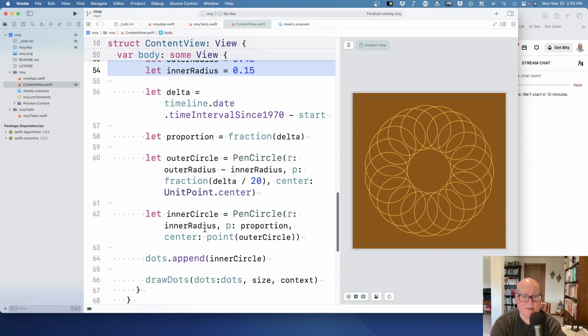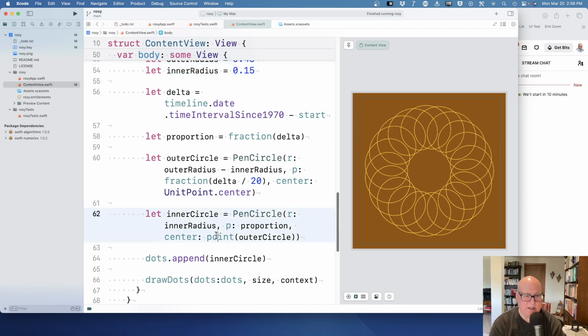So that's, yeah, I think the difference is, pen circle, I'm not really hooking them together, right?